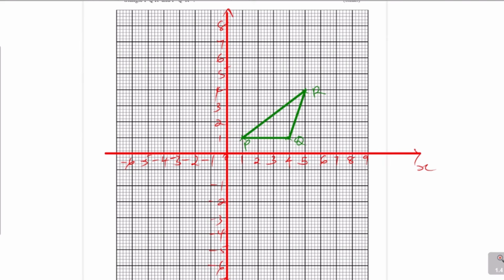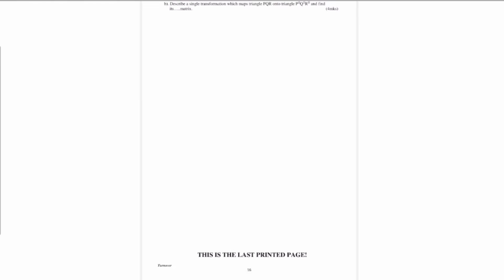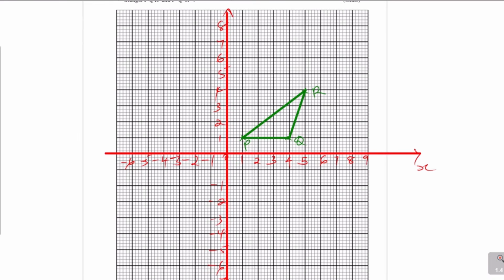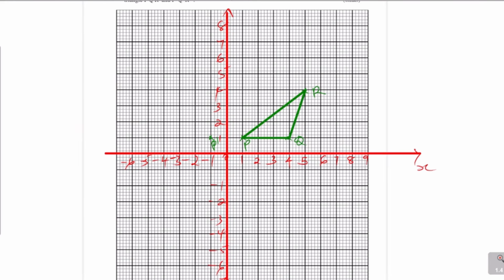Now we go to the first image, P prime, Q prime, R prime. P prime is -1, 1. That is P prime. And then you have -4, 1.